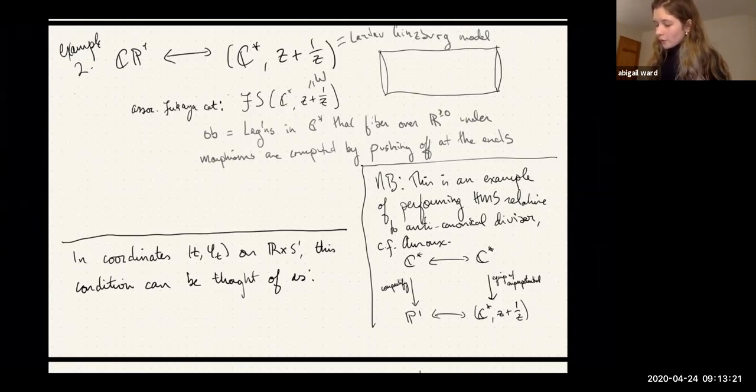An example of such an object might be to define a Lagrangian L_n. If you see C star as a cylinder here, you want to think of something that wraps n times.